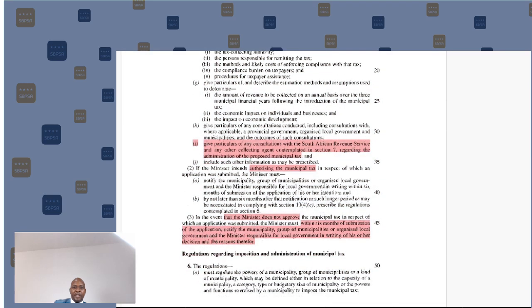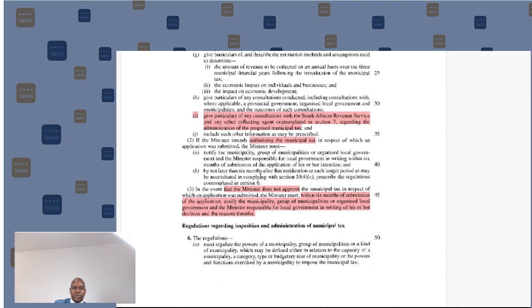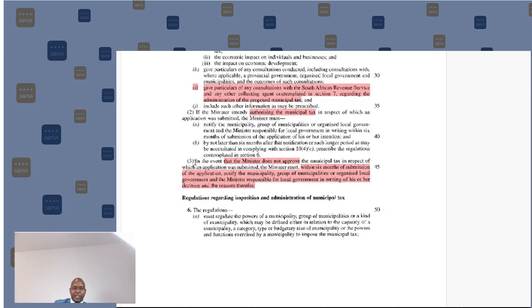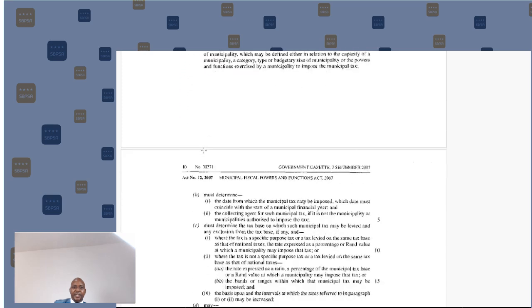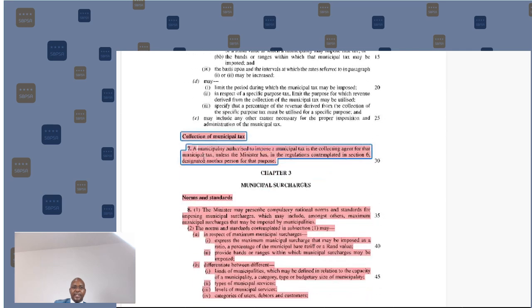Then number 2, if the minister intends authorizing the municipal tax in respect of which an application was submitted, these are what the minister must do in that regard. And if the minister intends to disapprove the tax, this is what must be done, and that is stated in section 5. Here section 6 is also a detailed section.